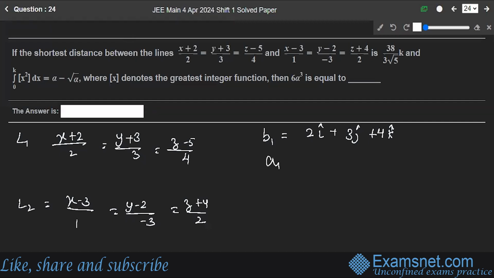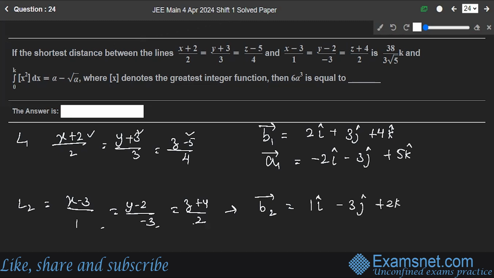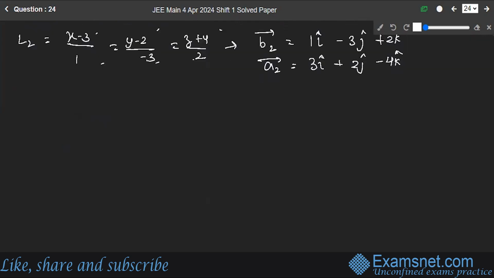Similarly, you have A1 vector, so minus 2, minus 3 and 5. Minus 2i, minus 3j and 5k. From here, you have V2 vector is equal to 1, minus 3 and 2. So this is 1i minus 3j, 2k. And A2 vector is equal to 3, 2 and minus 4.